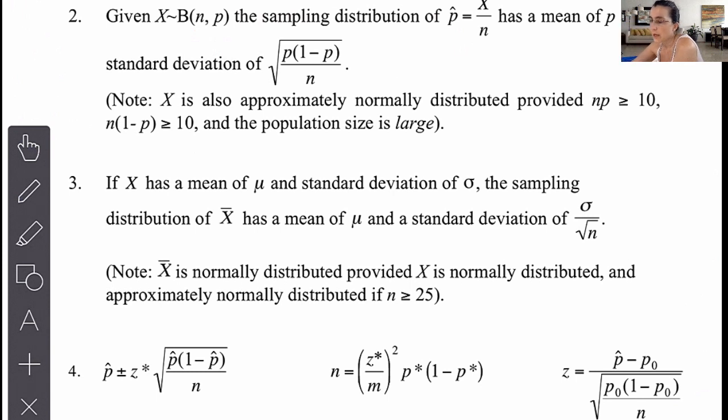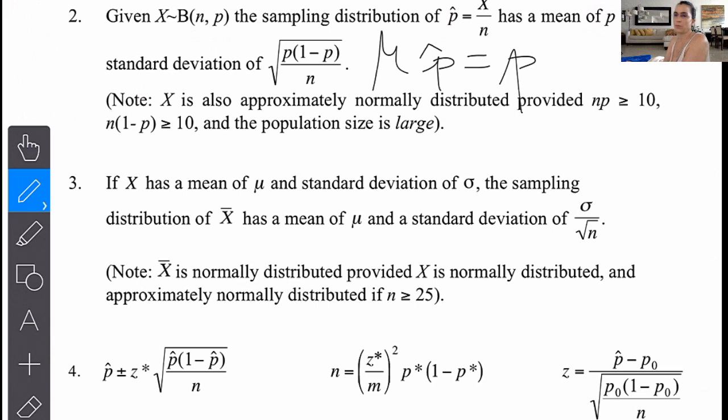That distribution has a mean and a standard deviation. Now the mean of this will be p. The mean of p hat is p. Isn't that weird? The mean of p hat is p.